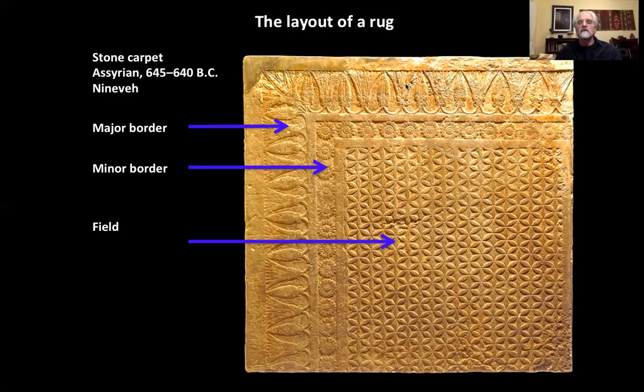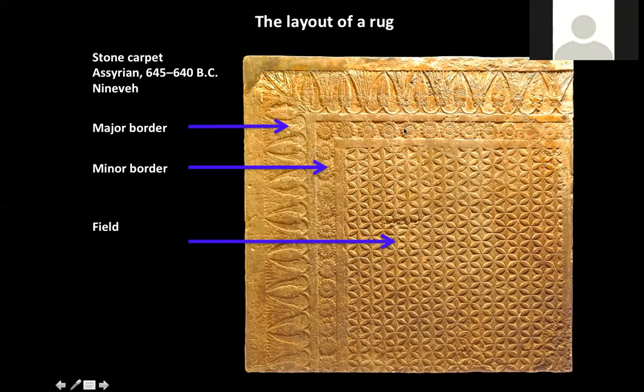A major border. Here you can see a floral vine element, which makes the composition of this primary border. And then you can see a minor border consisting of these rosettes. And then you can see an all over field pattern over and over and over again.